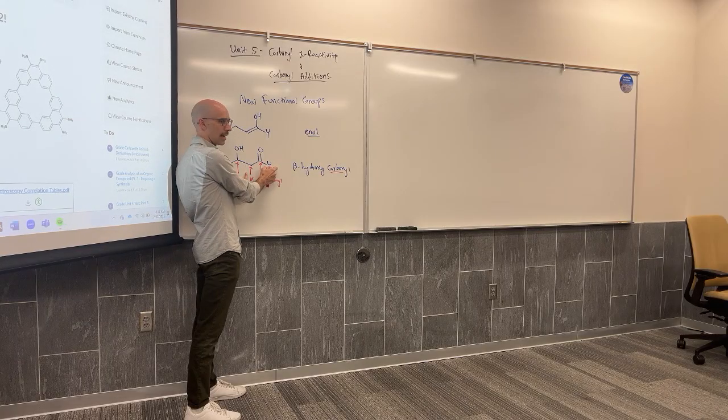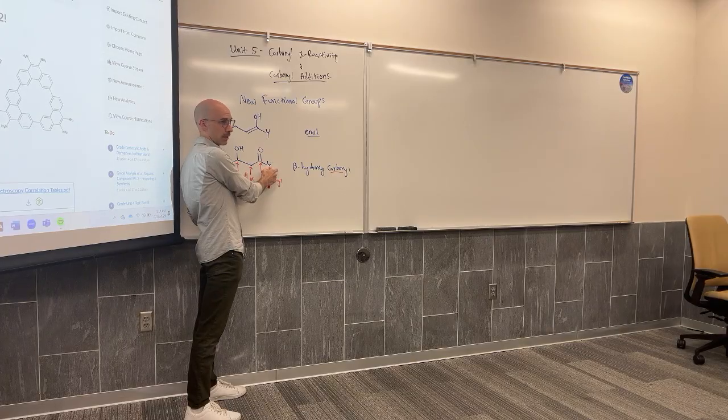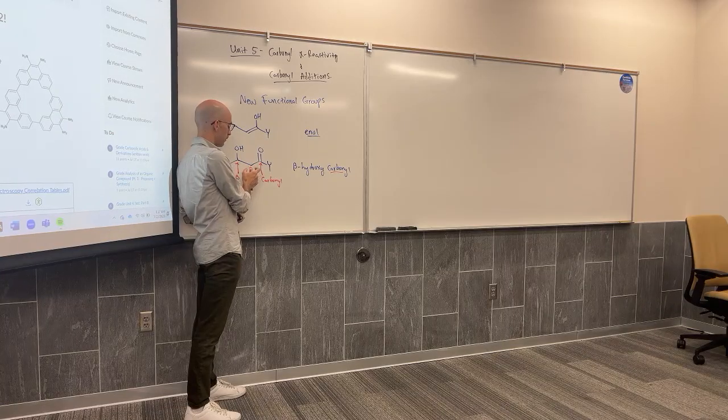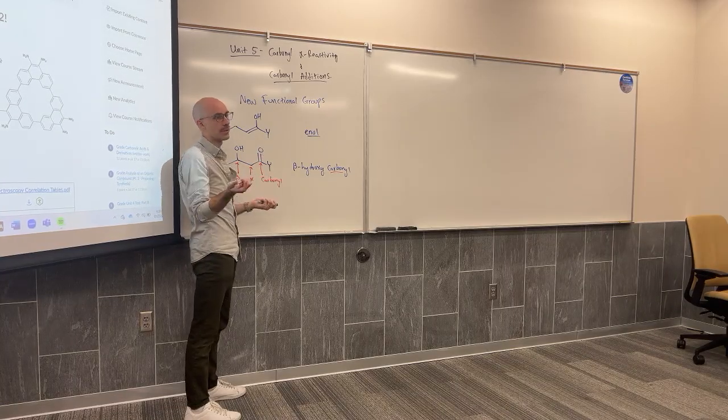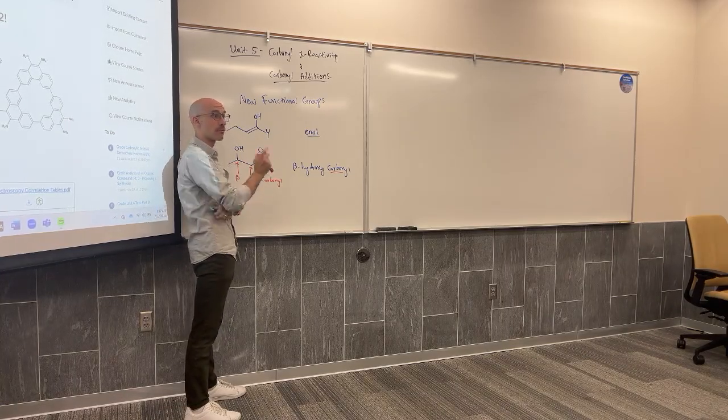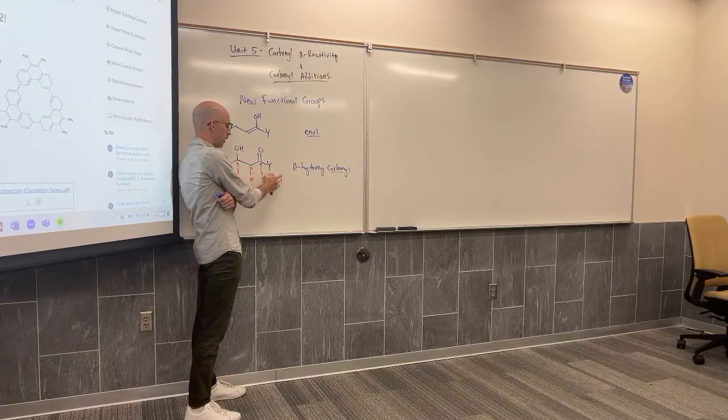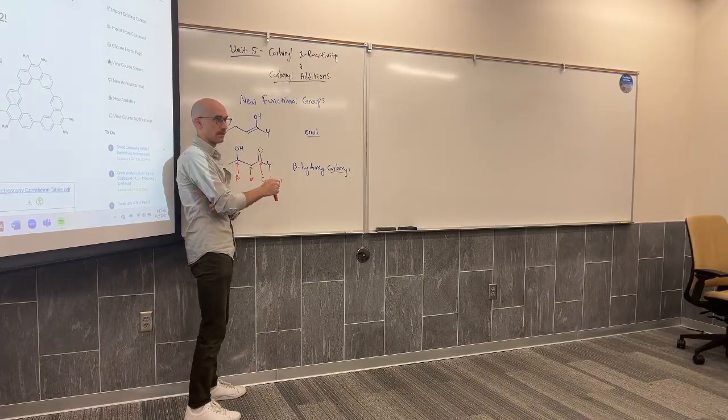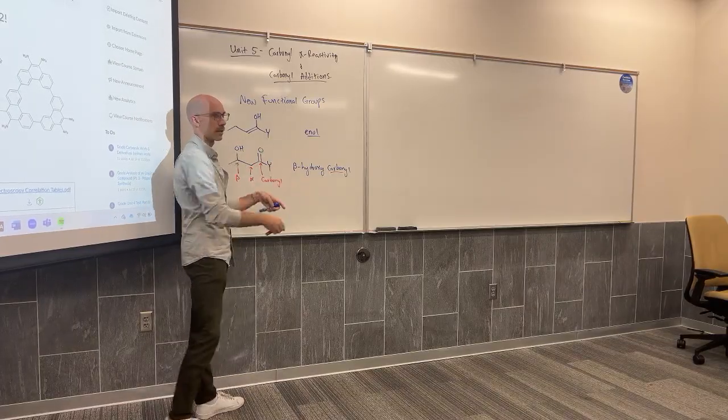Because an aldehyde has a hydrogen here, no carbon on the right. An ester has an OR here, no carbon on the right. Ketones are the only ones that do have two alpha carbons, alpha on the left, alpha on the right. And then also beta on the left, beta on the right.